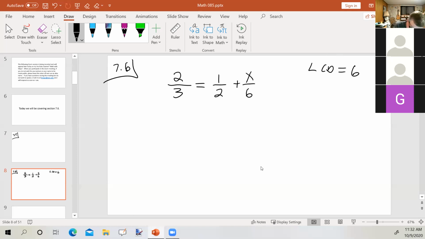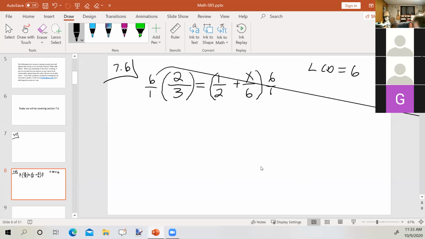So what we're going to do, we're going to multiply both sides of the equation by 6, okay? Since all the denominators, the 2, the 3, and the 6, are included in the least common denominator, when we distribute and then go back and simplify, reducing each fraction, the denominators will be reduced out.